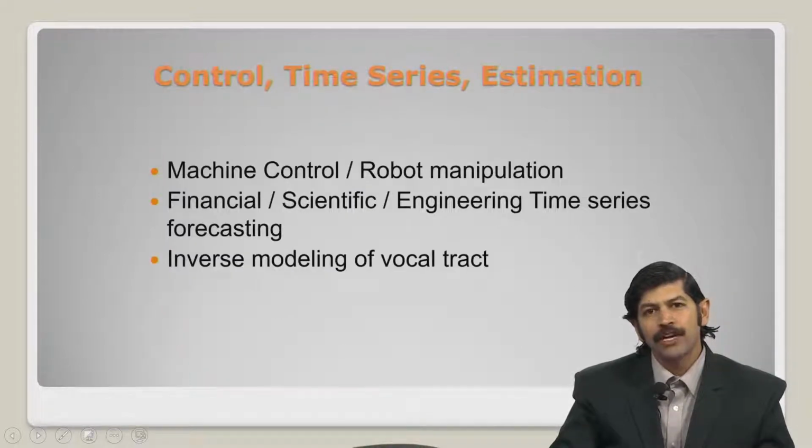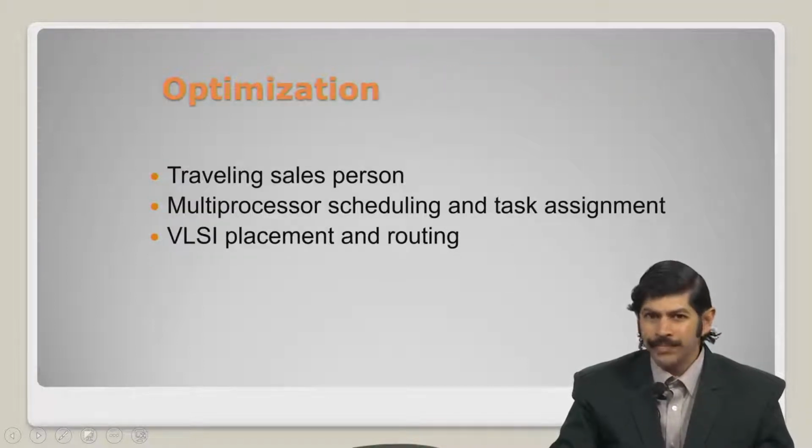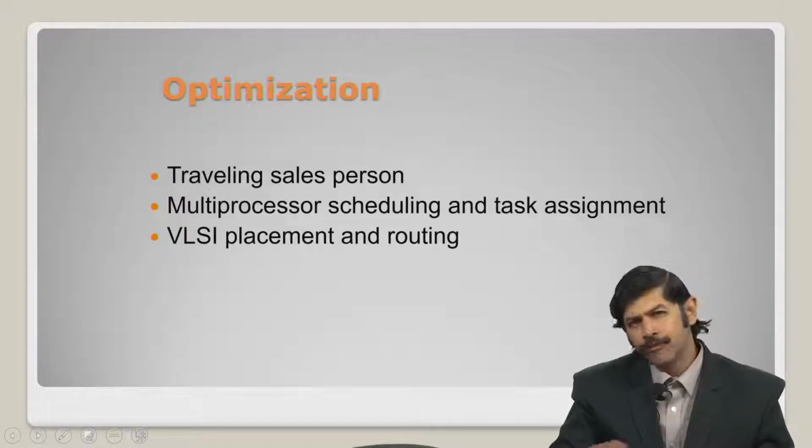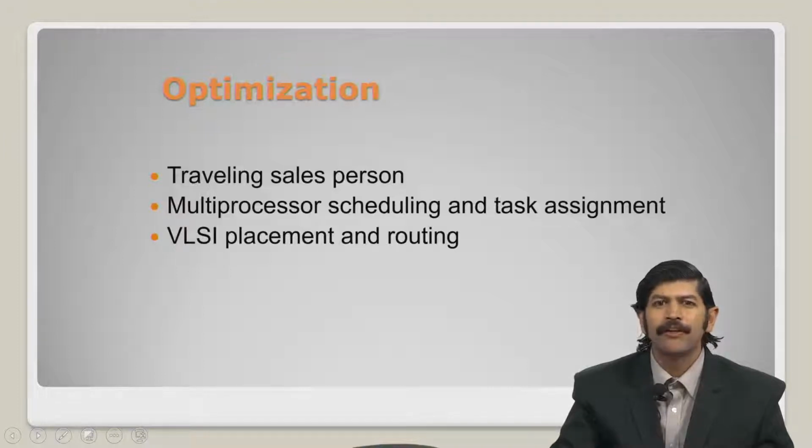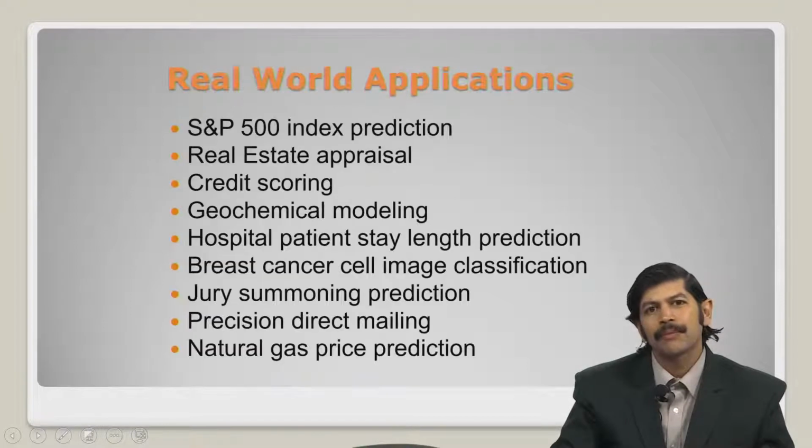We could also be talking about different applications under controls and time series and estimation with the likes of robo manipulation, machine controls, forecasting, and inverse modeling of vocal tract, for example. Under optimization, we will be predominantly talking about TSP, which is a very popular problem, traveling salesman's problem, multiprocess scheduling and task assignments, and few very interesting challenges in the field of very large scale integration, that is VLSI technology.